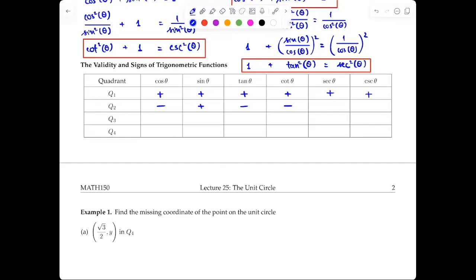Now secant of theta is 1 over cosine, so 1 over a negative number should be negative. Cosecant of theta is 1 over sine, so 1 over positive is going to be positive.